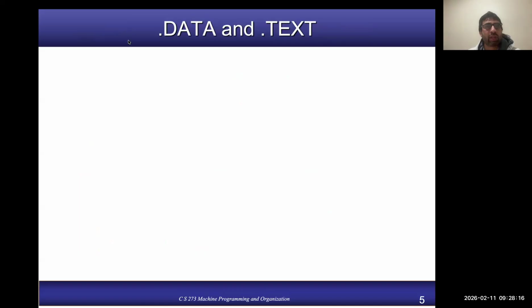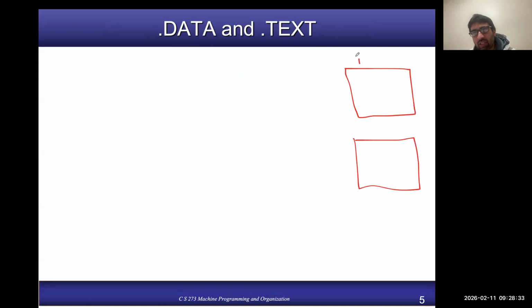Okay, the next two directives we are going to talk about are .data and .text. But before I talk about that, remember we have two different memories in the AVR microcontroller. One is data memory, which I'm writing as DM, and the other is code memory, right?